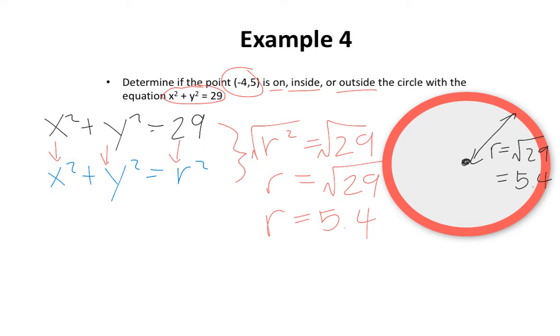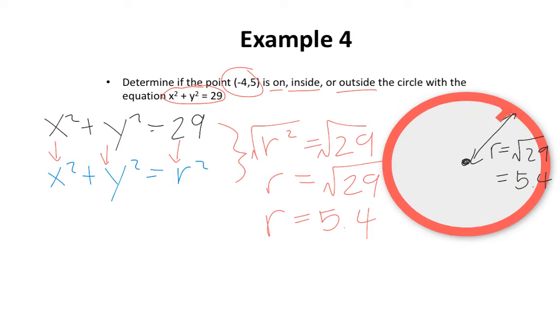If you go back to the original question, we are given this point negative 4, 5. We want to figure out if this point is within the circle, on the circle, or outside the circle. I'm going to assume that this point, negative 4, 5, is on the circle.